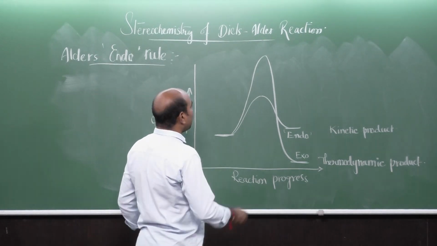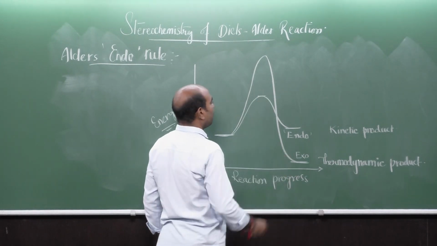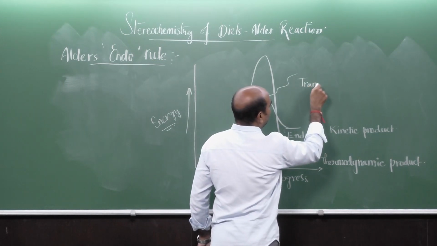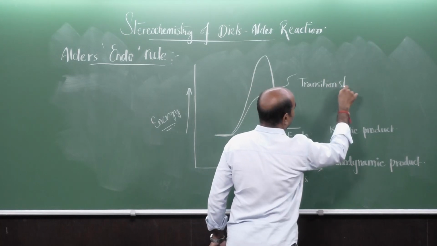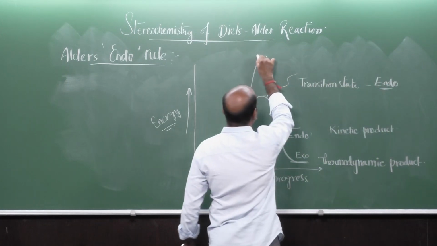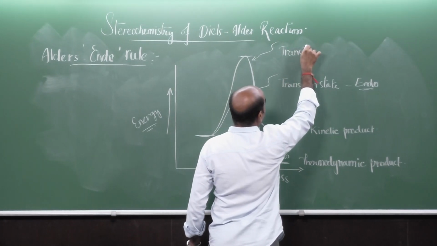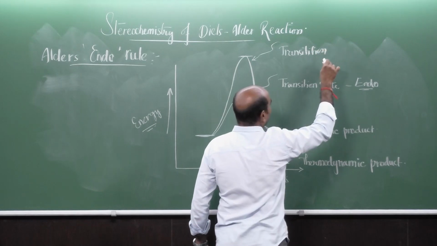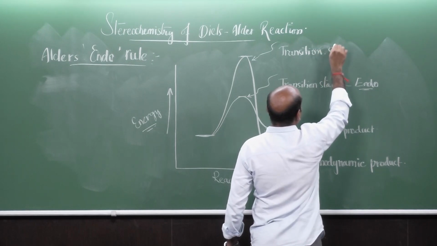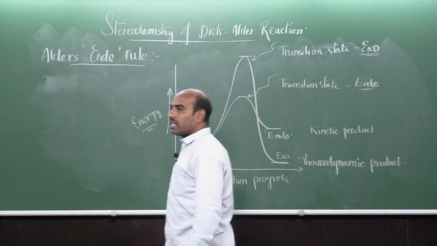When you compare the energy of the transition states, this is the transition state for the endo product, and this is the transition state for the exo product. So, which one is higher?